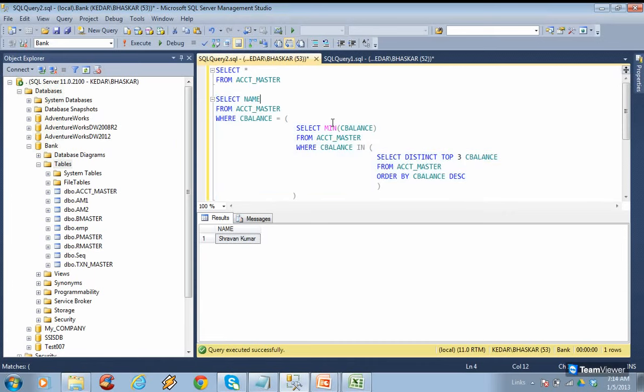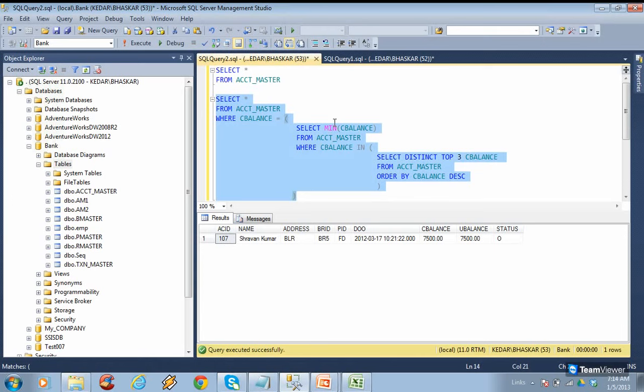If you need star, you can also put star. This is a better query to practice. First, you have to sort the data using the order by clause, then eliminate duplicates, then use top three or top four. Then out of that, you have to find the minimum, then get the name. So this would work for any kind of case.